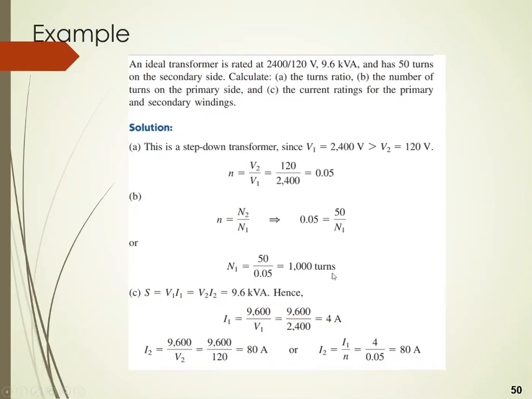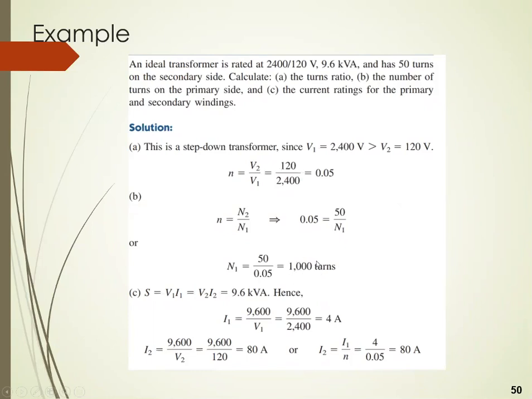So that's how I found the number of turns on the primary: the relationship between the turns on the secondary, the turns on the primary, and the turns ratio. The turns ratio itself came from just dividing the two voltages.